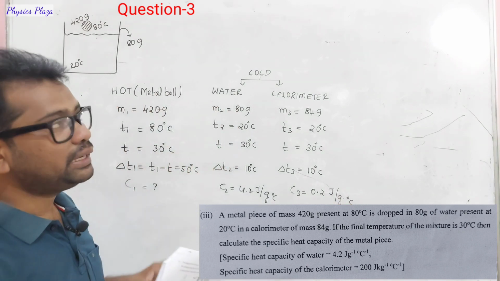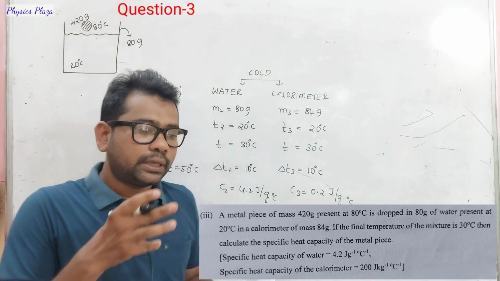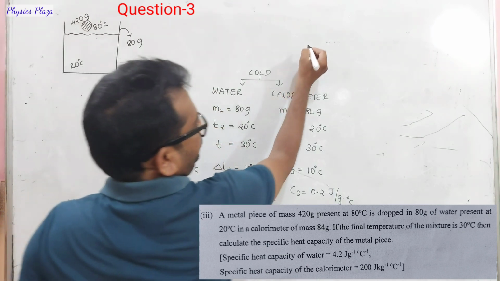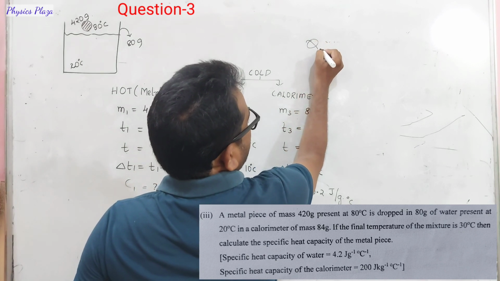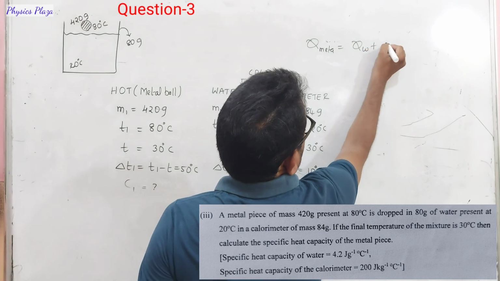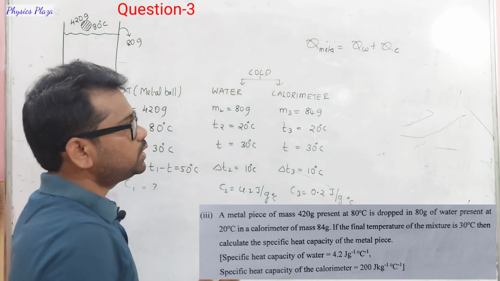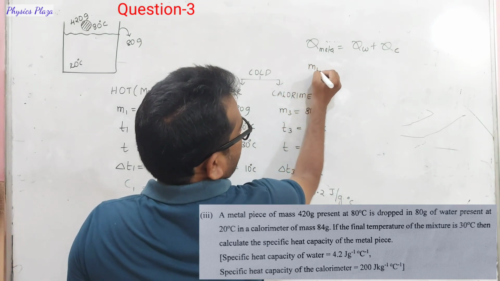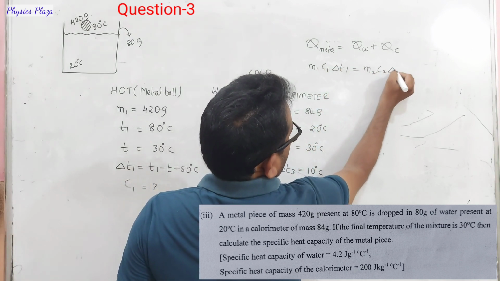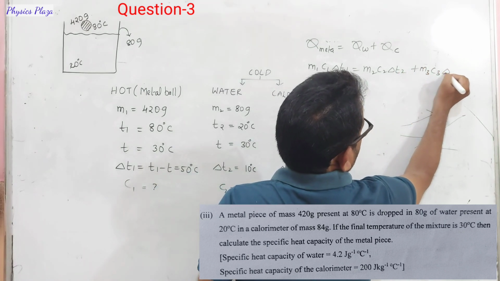Children, this is completely based on the principle of calorimetry. According to the principle of calorimetry, the heat lost by the hot body is equal to the heat gained by the cold body. Heat lost by the metal piece is equal to the heat gained by the water plus the heat gained by the calorimeter also. So M1 C1 delta T1 is equal to M2 C2 delta T2 plus M3 C3 delta T3.